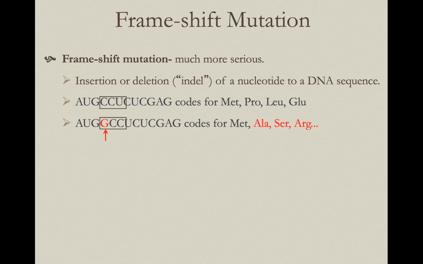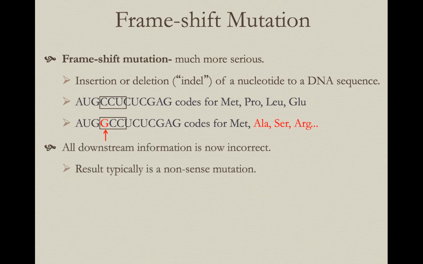And so everything downstream from the frame shift mutation is now going to be a different amino acid. So all the downstream information is incorrect from the perspective of the original function of the gene, so this is typically going to result in a nonsense mutation.